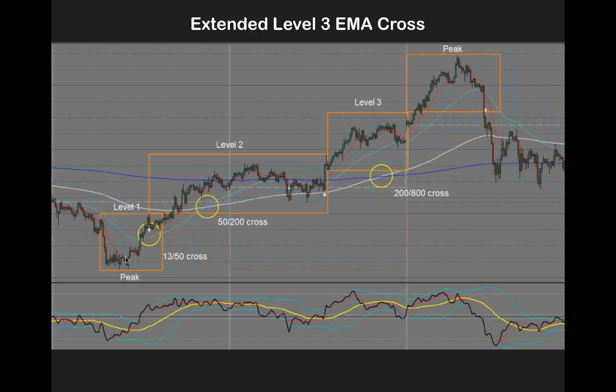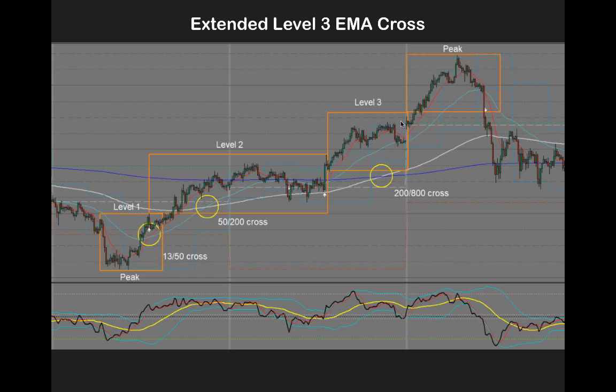Then we have our level 1 rise, and you can see the 13-50 cross gives you a level 1 rise into our level 2 rise. Here we have our 50-200 cross, tells you you're in level 2. And then here we have our level 3 rise, and then you have your 200-800 cross to denote your level 3 rise. And what this did actually is it came back up and gave you another level.